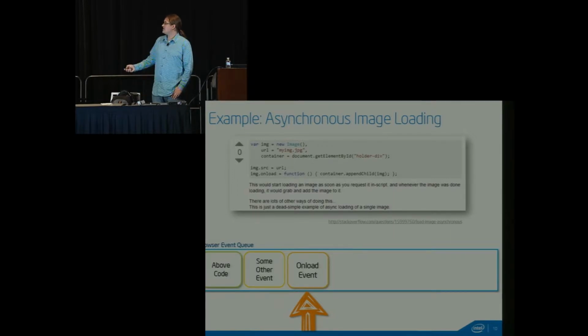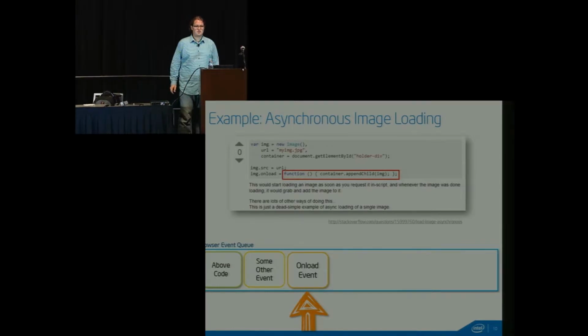That's when this onload event here is fired, and execution reaches this point. And that's where asynchronicity comes in. So after this code has completed and the image has been loaded, your callback, which is this function here, will be called. Right? So that's a very straightforward way of doing asynchronous image loading.